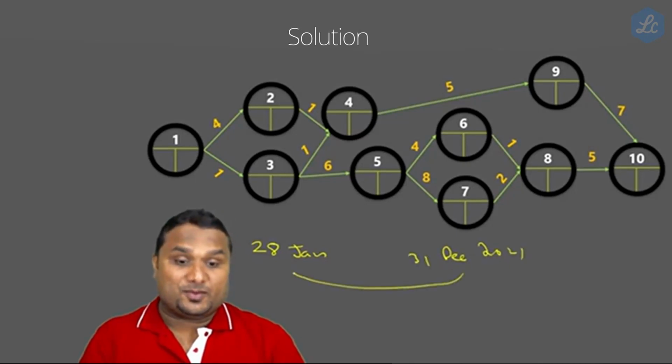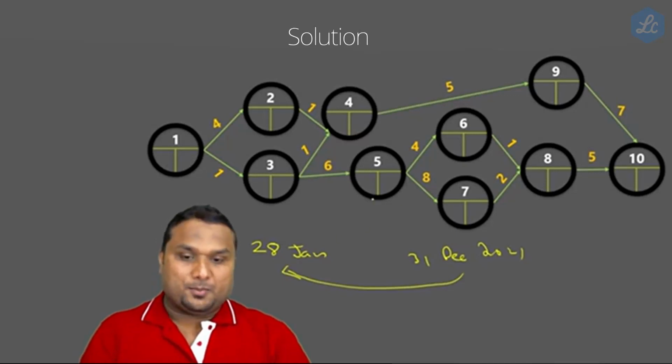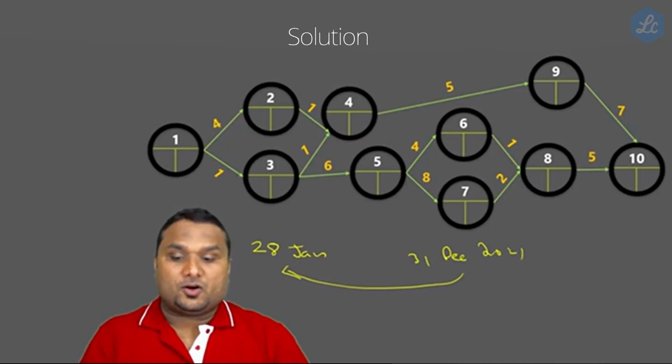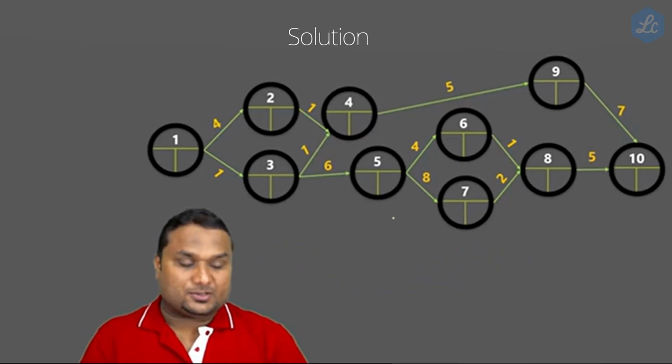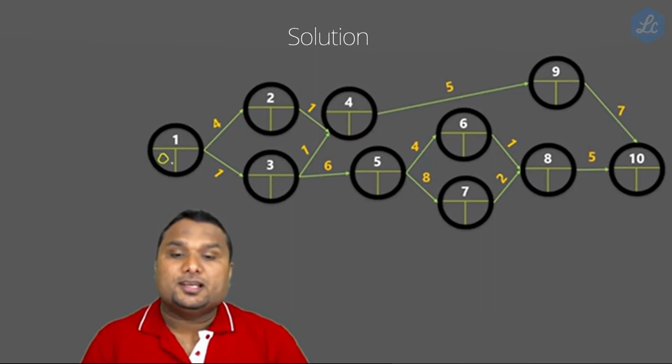This is what everyone normally says, but we are not putting any calendar date into the network diagram. So we assume that the starting of every project is on the 0th day.